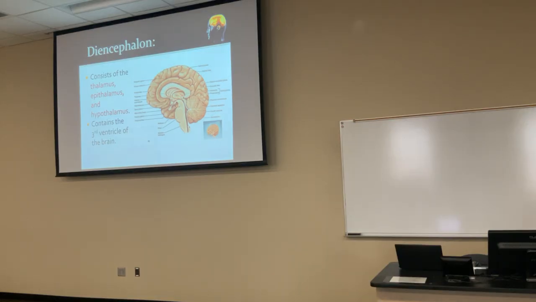Thalamus is a major relay center for all sensory pathways except for olfaction. The olfactory pathways go straight up through the cribriform plate, and then they synapse on the olfactory bulbs.